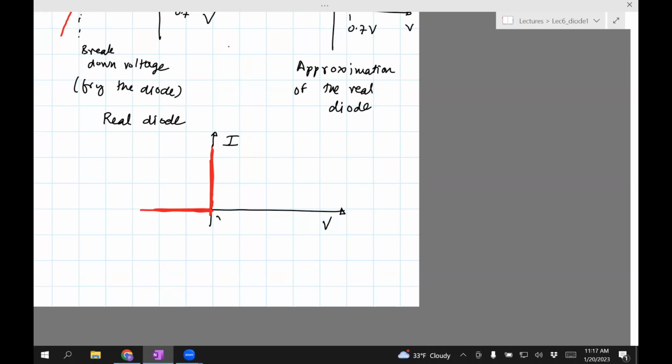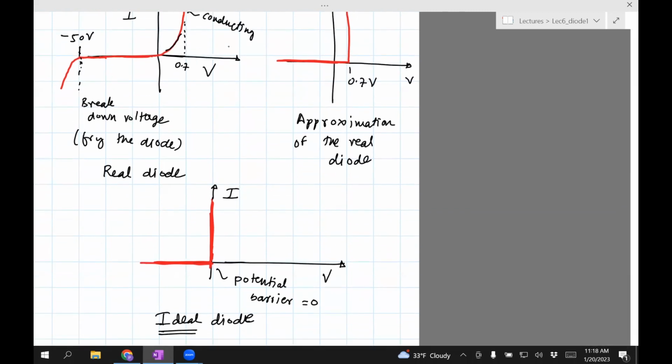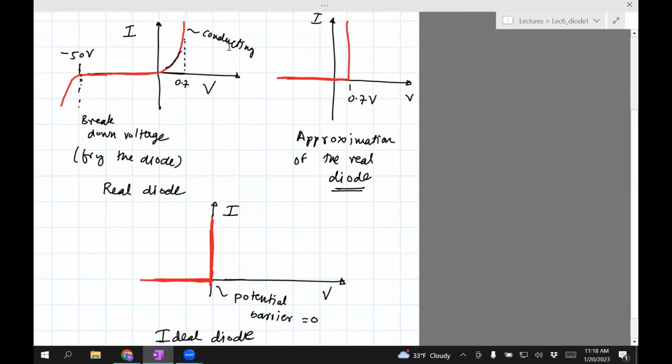So you see that the potential barrier is assumed to be zero. So this is the ideal diode. That is, the diode conducts the moment you have positive voltage, and does not conduct when there is negative voltage. Okay, so if you're told to solve a problem with the ideal diode approximation, you'll assume this curve. If you're told to use the real diode approximation, then you use this curve. Then they give you slightly different values.